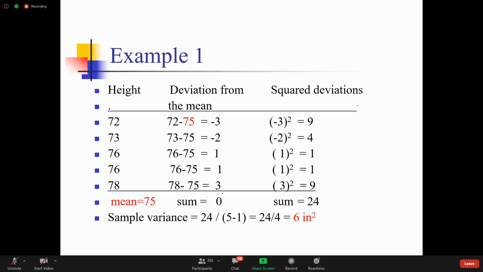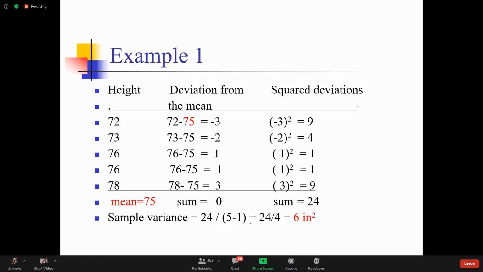If that's your measure of variability, every data set will have 0. It's useless. The sum of the deviations is 0 because it's the deviation from the mean. If you use the 0, every data set will have 0 measure of variability. So we need to get rid of the 0, so we square them. Now we have a value, 24, to work with rather than 0.